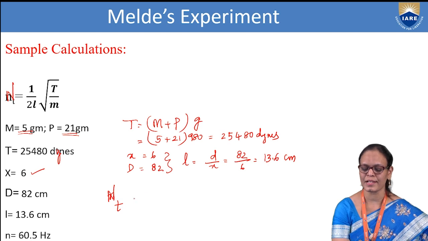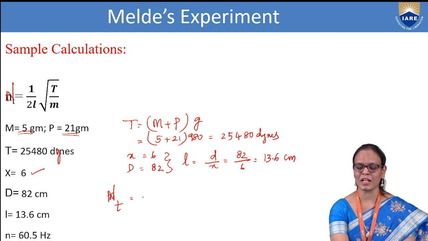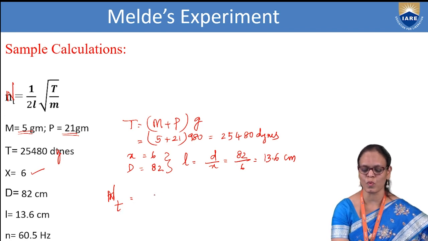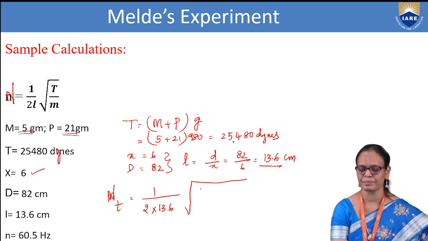In transverse mode it doesn't matter, because the frequency of the wave is equal to the frequency of the tuning fork. So I can write N in the transverse mode is equal to 1 upon 2 into L, which we got as 13.6, so 13.6 under root. What is the value of T?